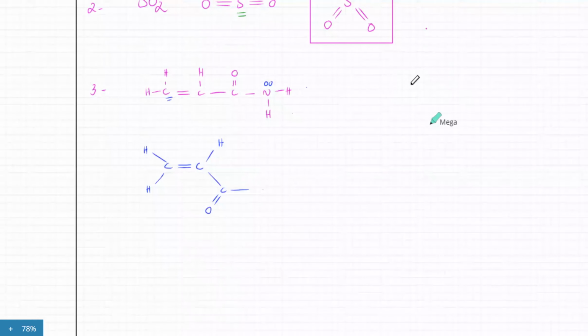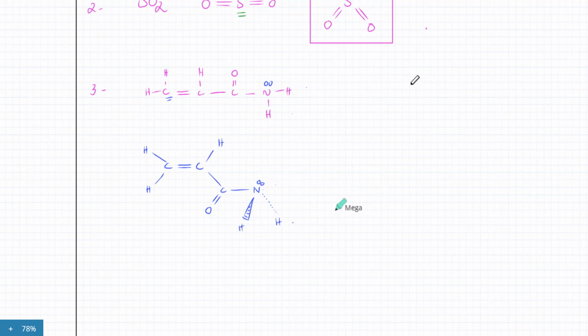So this particular N over here is going to have a pyramidal shape with the lone pair that's sitting on the top. And this would be an H, and this would also be an H.